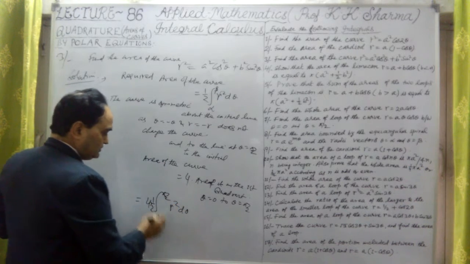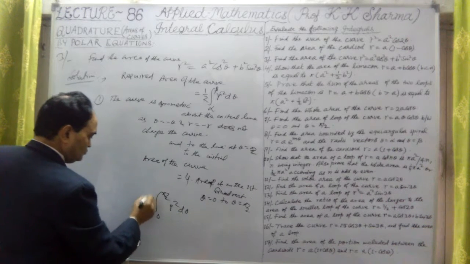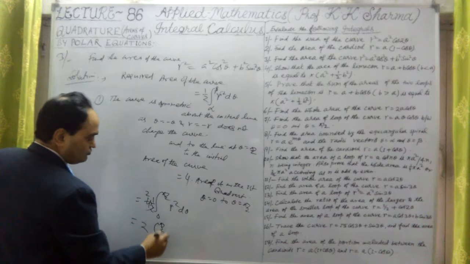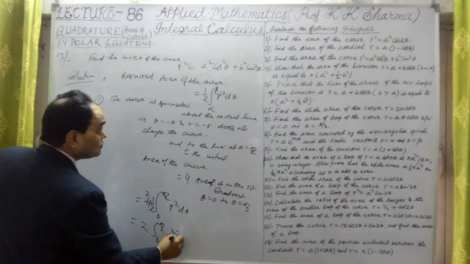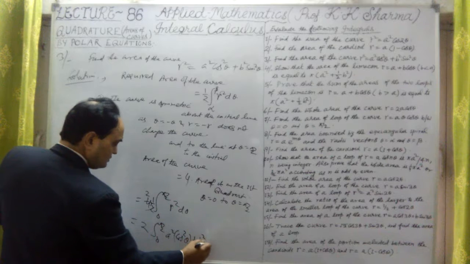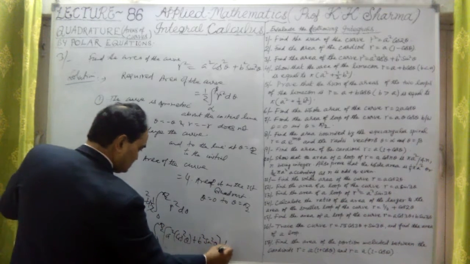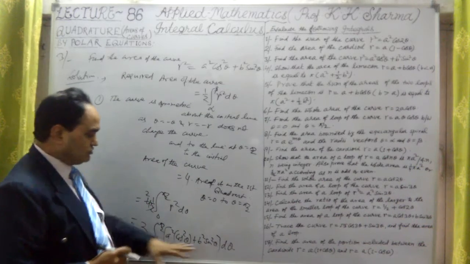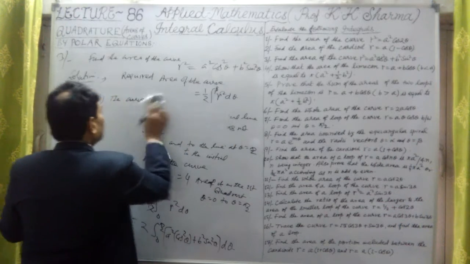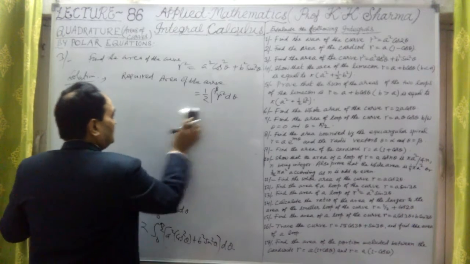So this is 2 times the integral from 0 to pi by 2 of r square d theta, where r square is a square cos square theta plus b square sin square theta. Let me integrate it directly.